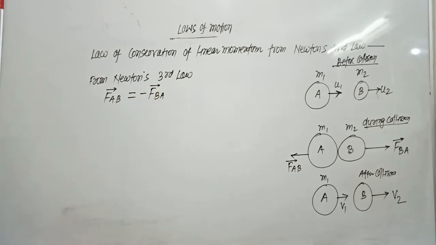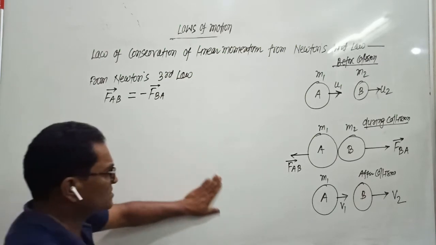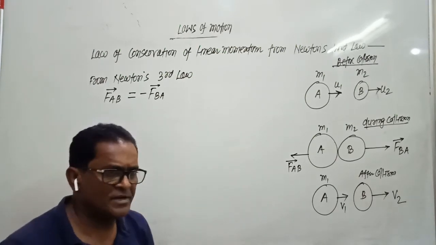So F of AB equals minus F of BA. Multiply both sides by a small time interval delta t.